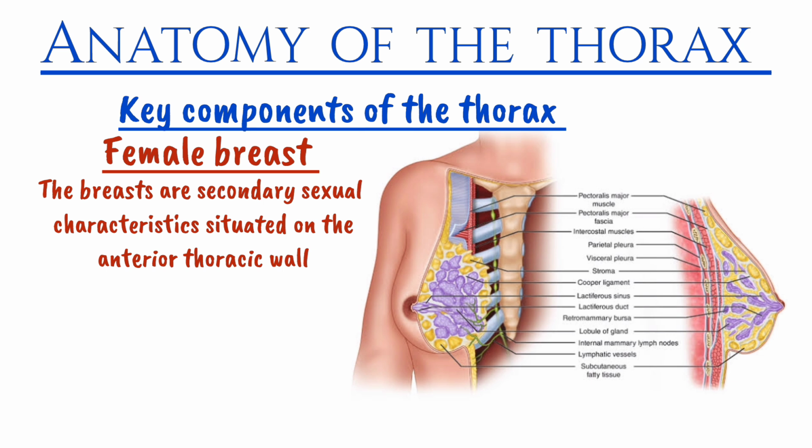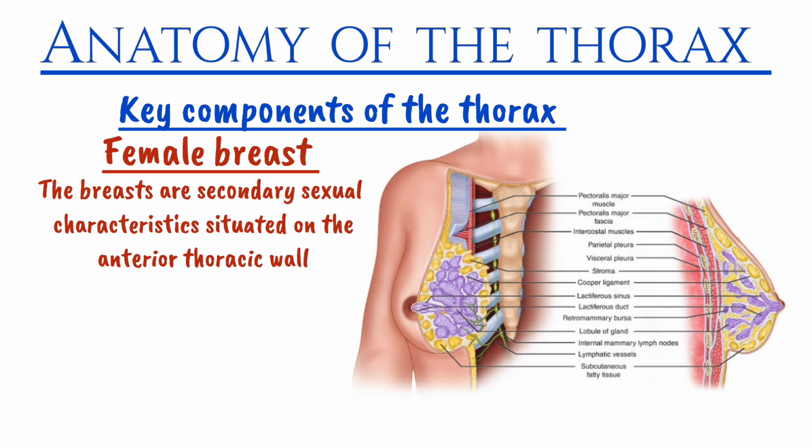The breasts are anchored to the thoracic muscles via the suspensory ligaments and are supplied by thoracic arteries, such as the internal thoracic and the lateral thoracic arteries. The venous drainage occurs through the axillary and the internal thoracic veins, while innervation is provided by the intercostal nerves.